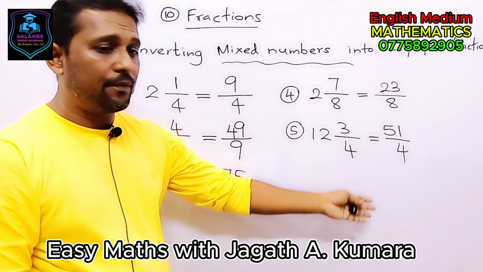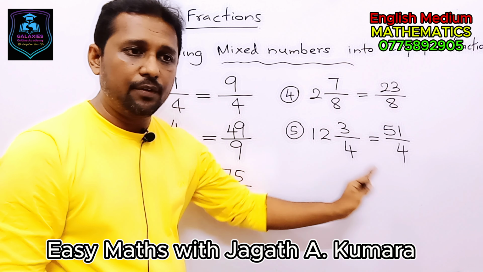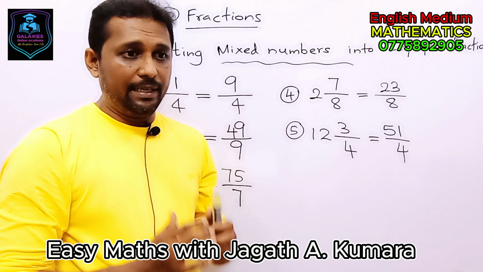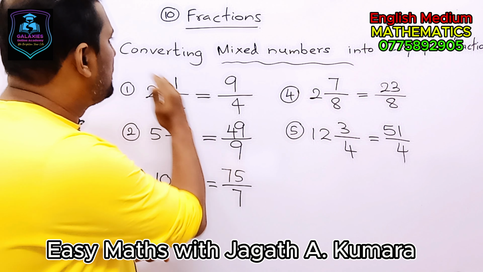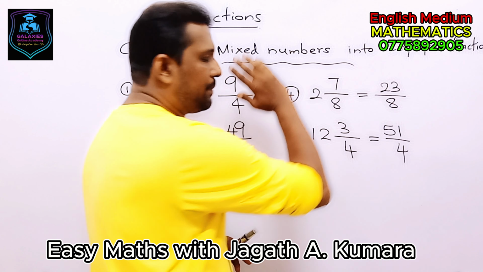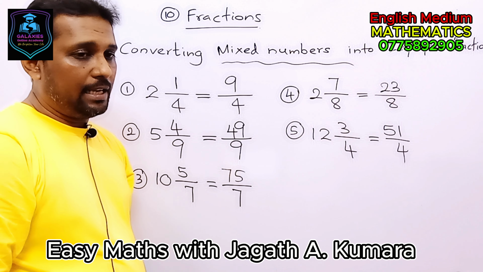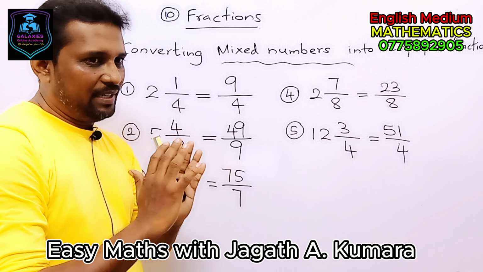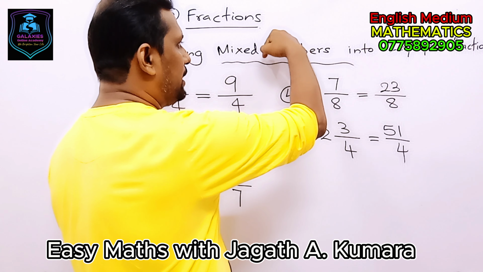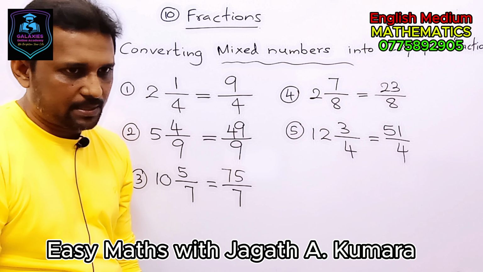So, the improper fraction is 51 over 4. Right? Okay, it is the method to convert mixed numbers into improper fractions. Right? Then again, we will discuss improper fractions, how you can convert into mixed numbers, right?